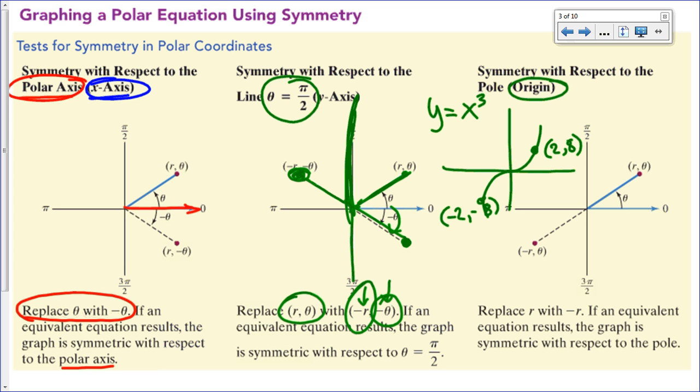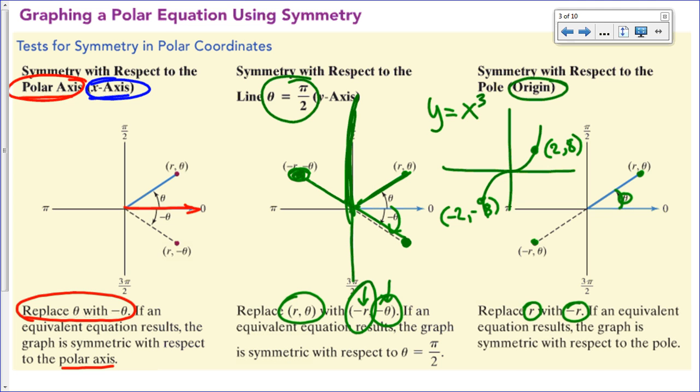So just so you know what it means, symmetry with respect to the origin, okay? So for that one, you only replace r with negative r. I thought it was kind of interesting, but it made a lot of sense because there's no point with replacing theta, right? You're talking about the same degrees, and then you want it to be in the opposite direction. So that's why you just change r.